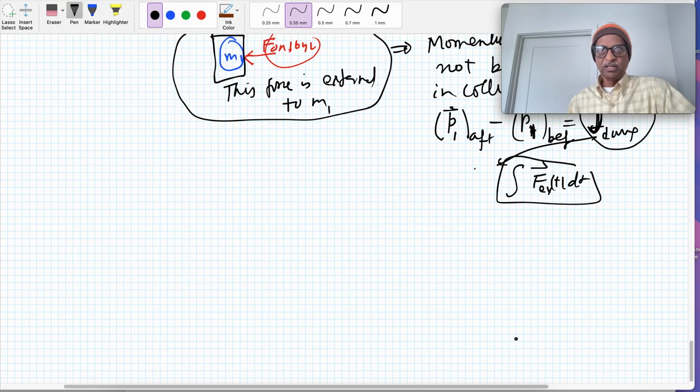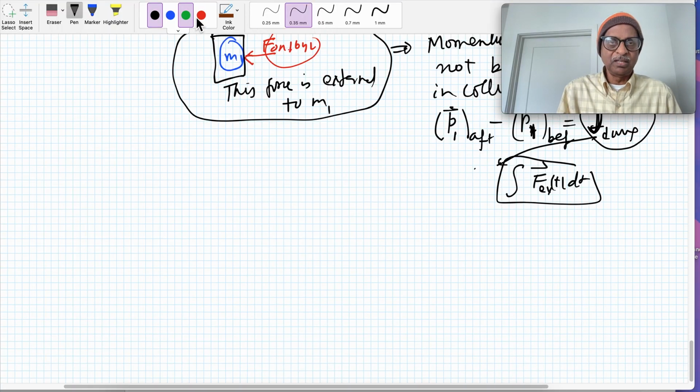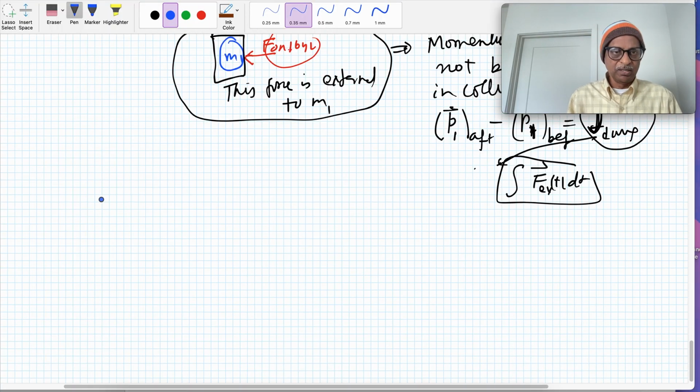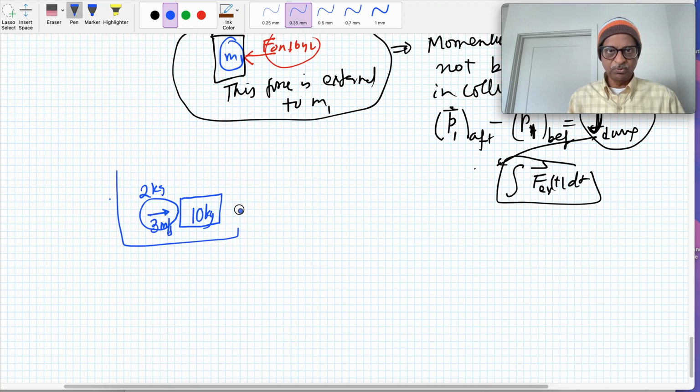So let's do an example in which this guy comes in. Maybe this is 10 kilogram, and this is 2 kilogram, and this is going at 3 meter per second. So this is the situation before, and this is v equal to 0.